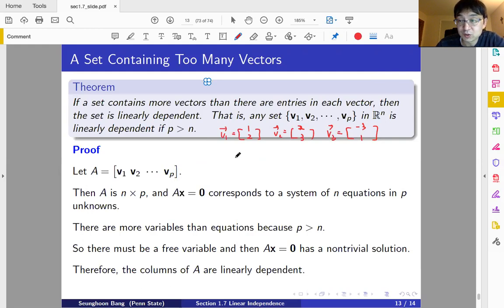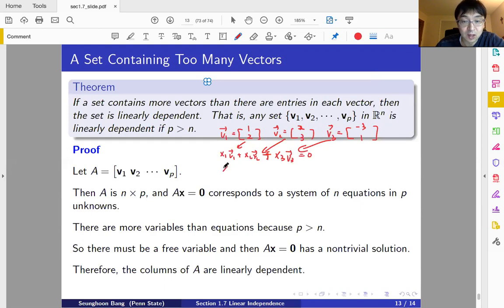You can change this into the equation x1 v1 plus x2 v2 plus x3 v3 equal to 0. Plug these vectors in, so we have 2 linear equations with 3 variables.